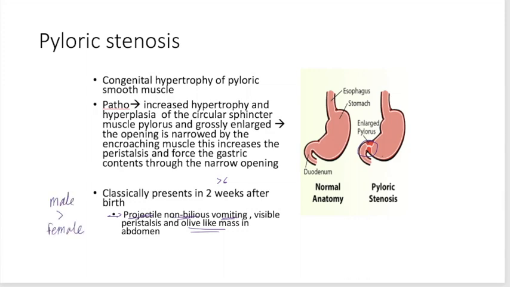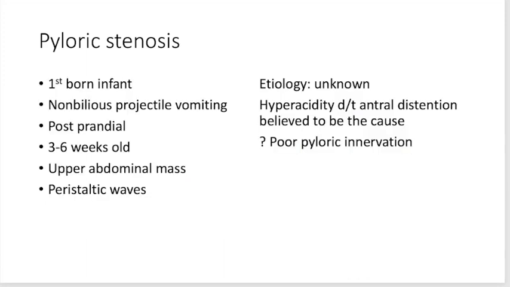Main things that would arise would be feeding intolerance, multiple formula changes, failure to thrive, weight loss, dehydration, things like that. So you will see it in a firstborn infant, non-bilious projectile vomiting, definitely postprandial, which means after a meal or after food. 3 to 6 week old, abdominal mass, peristaltic waves.